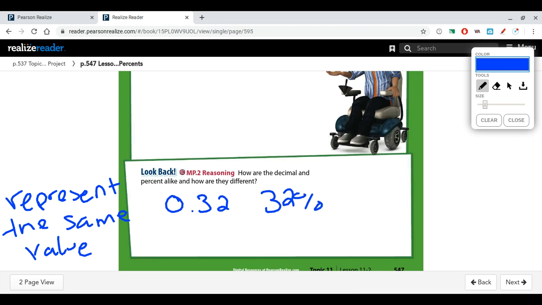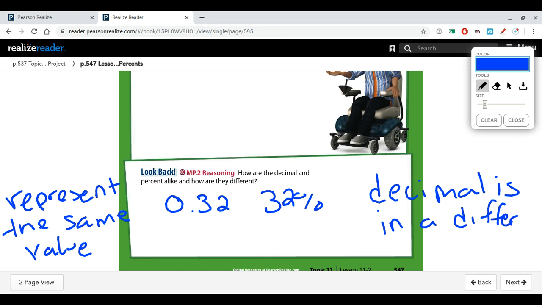But what's different about them is the decimal is in a different place. So here my decimal is in front of the 3. Here my decimal would be after the 2.